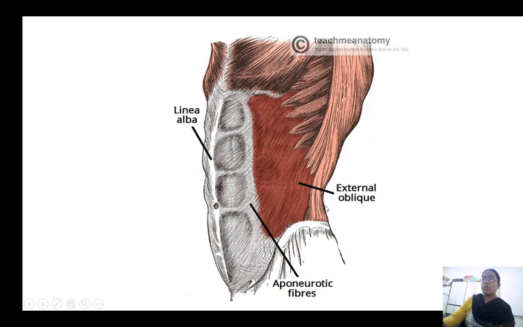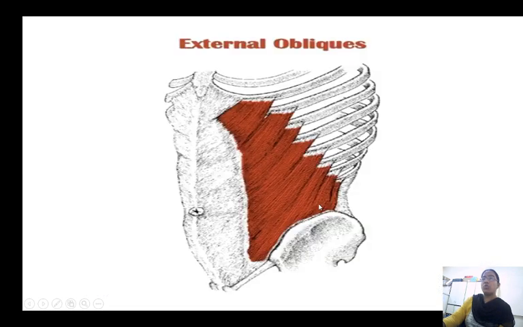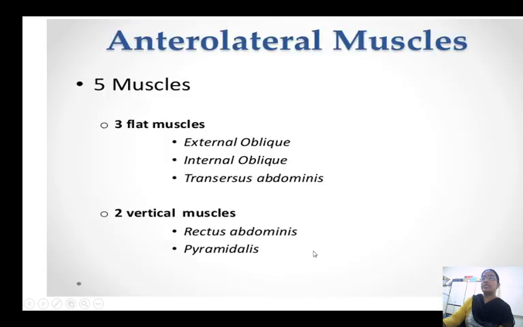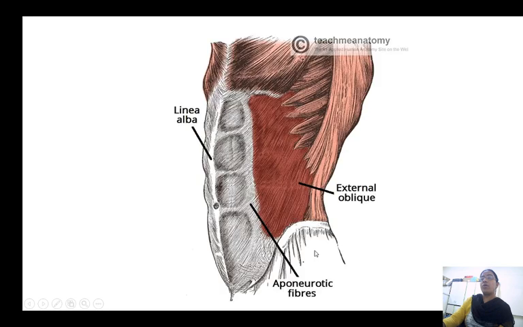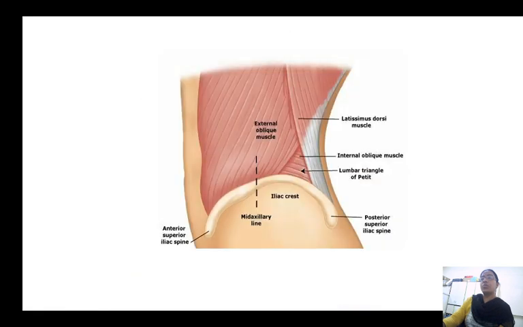The posterior boundary of the posterior fibers is free, and it forms a boundary of one of the triangles, which is called the lumbar triangle or Petit triangle. So this is the posterior, free boundary of the external oblique muscle, forming a boundary for that triangle.